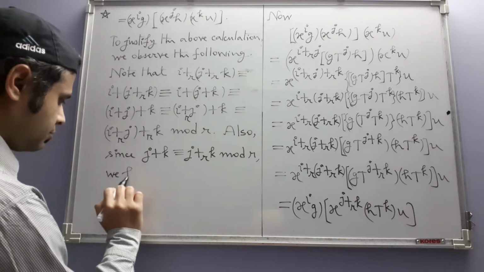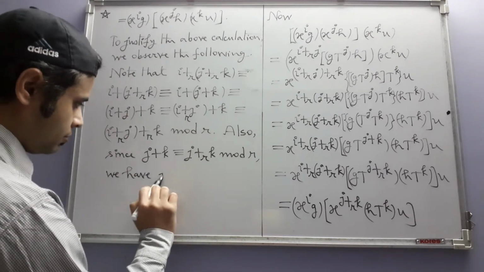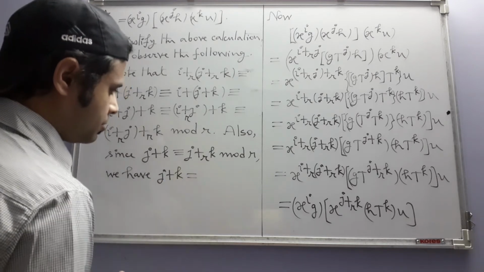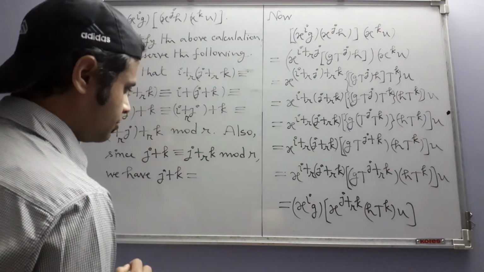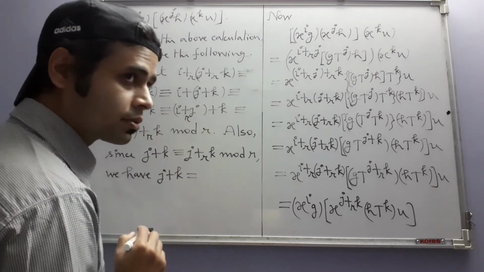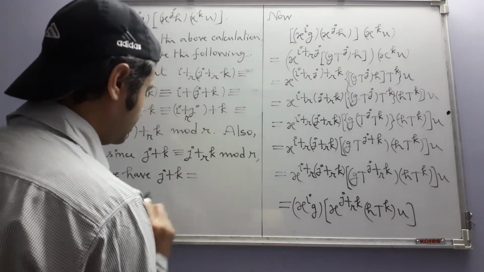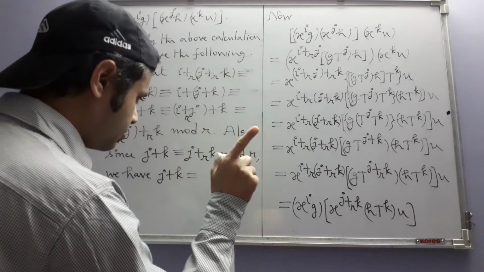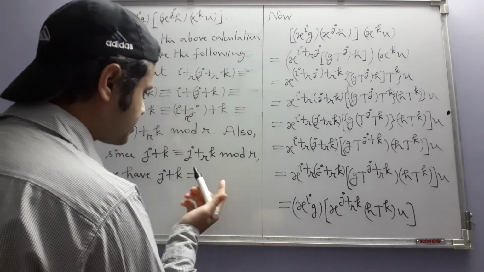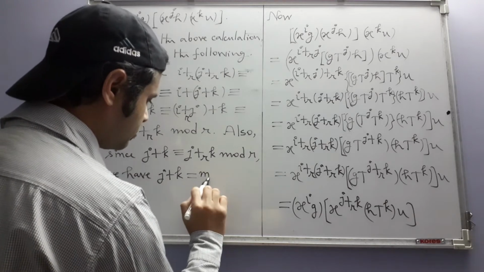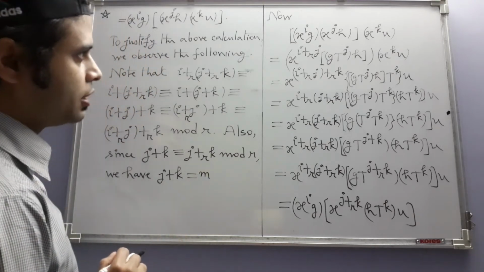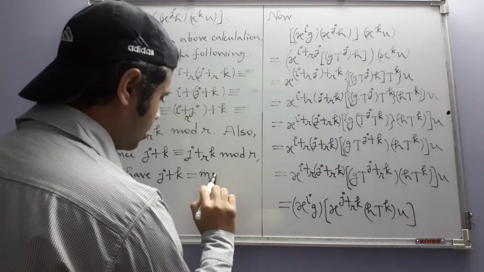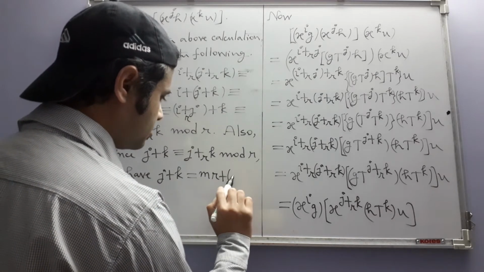We have J plus K equal to, what should we take? Anyway, J plus K equal to L we took previously. Let's take M. I don't think we have used M anywhere. No. MR plus this remainder.